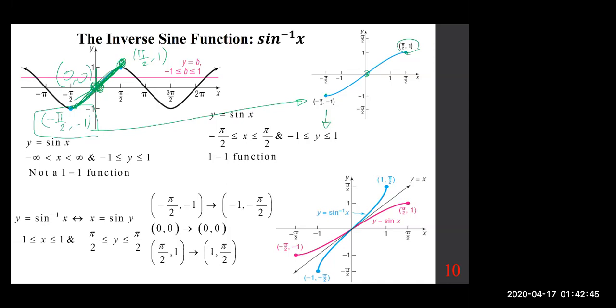Now it's extremely important to understand the domain and range are interchanged. Therefore, when y equals sine inverse of x, by definition, it means x equals sine y, okay? And it is x now that can be between -1 and 1, and y is between -π/2 and π/2. I hope it's clear.